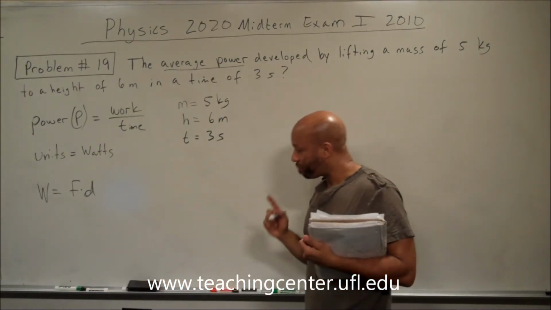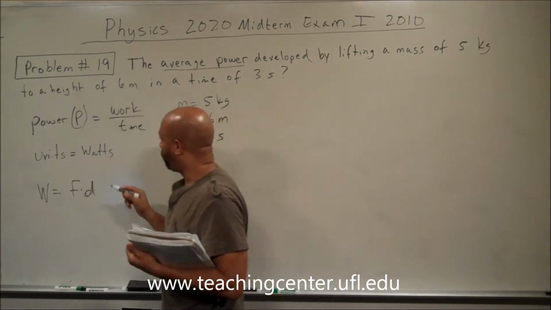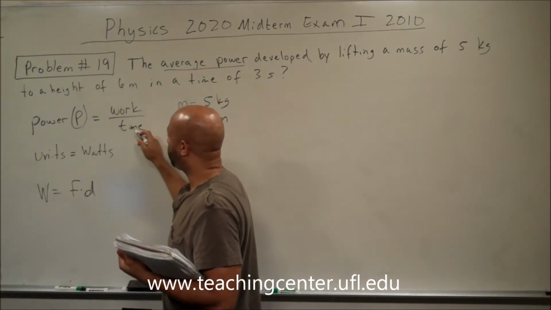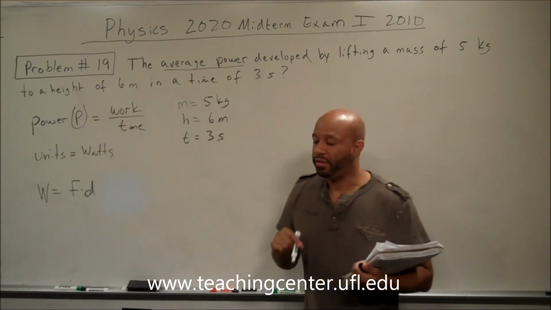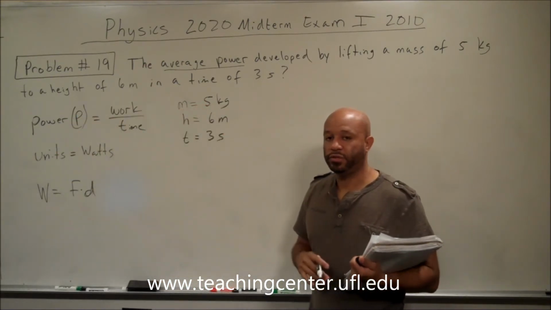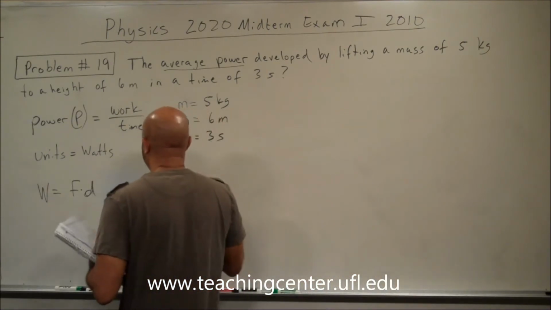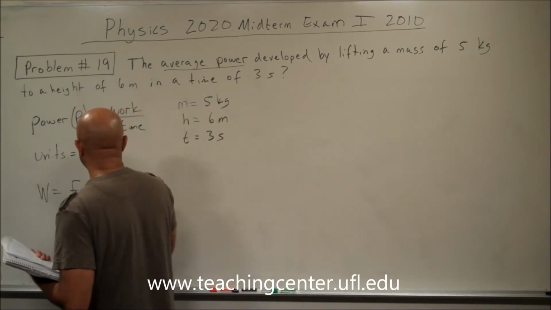So if we find the work and divide that by the time, then we actually find the power. So the first thing we need to do is find how much work.